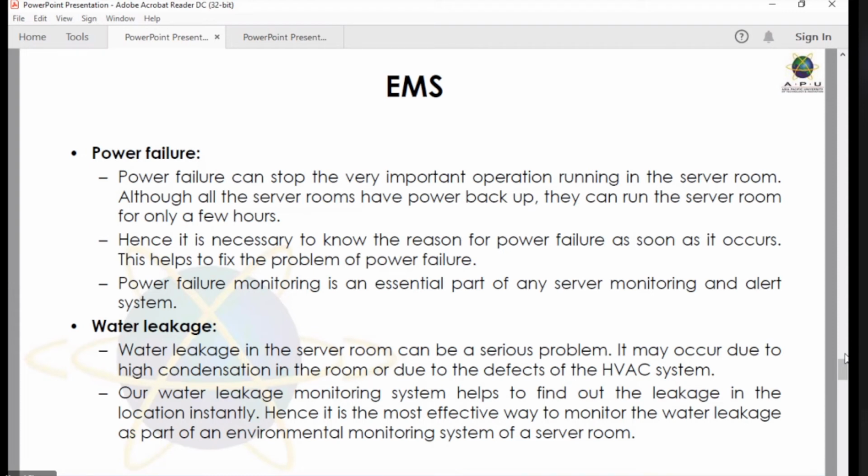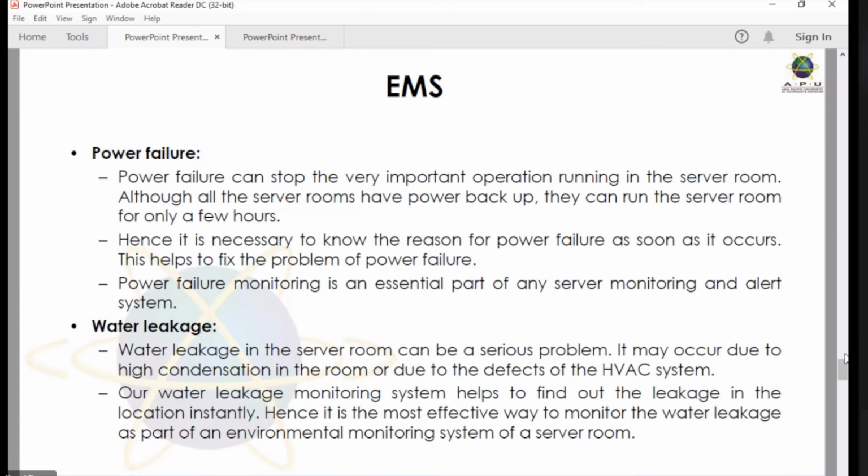Power failure monitoring is an essential part of any server monitoring and alert system. So there can be issues regarding power failure. For any component, for example a transformer at the PDU, if there is an issue in that transformer, power failure occurs. So there should be a mechanism to monitor power.